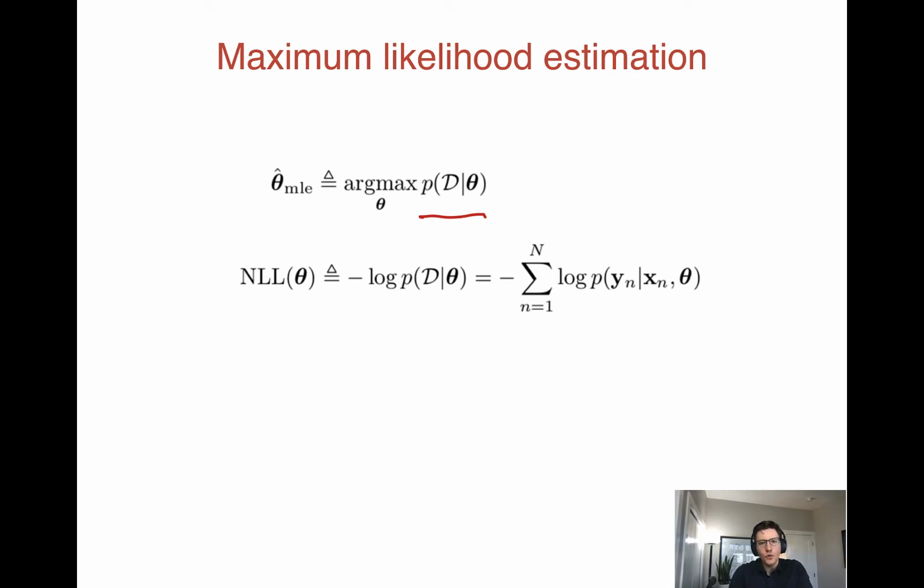So first, for most of the problems that we're going to look at, we're assuming our data is IID, that is, independent and identically distributed. So here we've taken our likelihood and broken it down into n different terms, one for each data point.